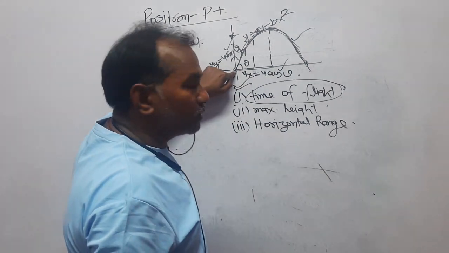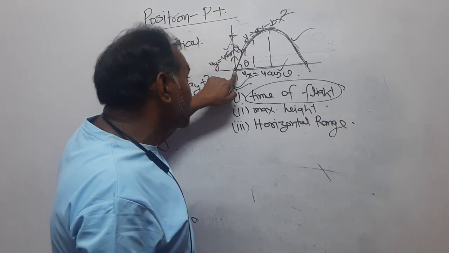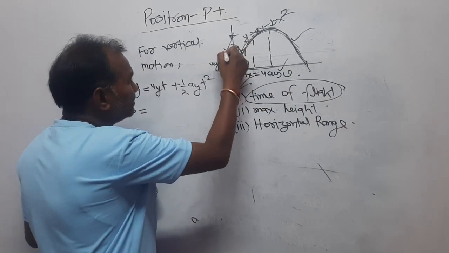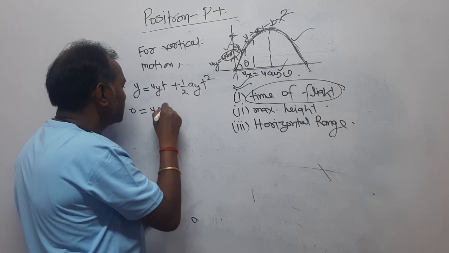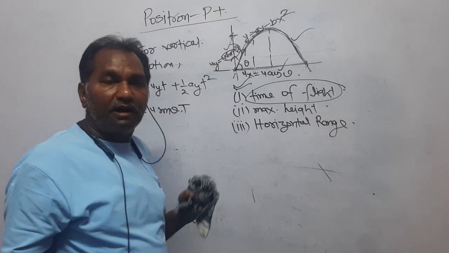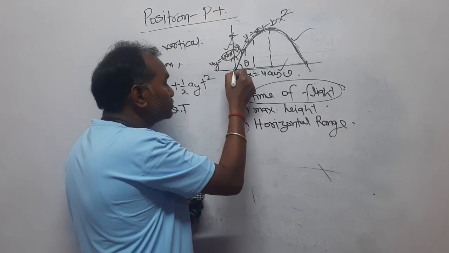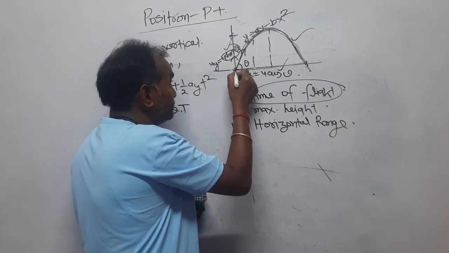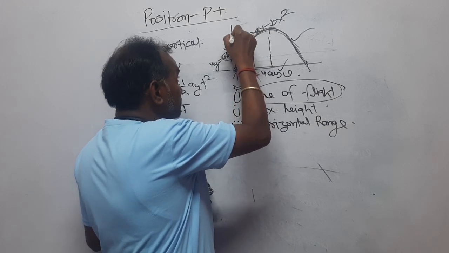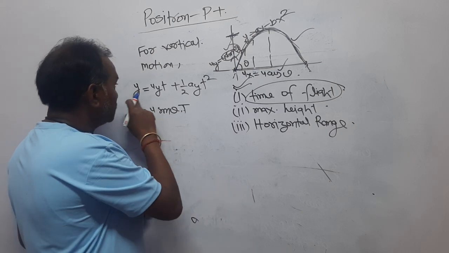The body begins its motion from here, goes to maximum height and then returns back to here, so displacement is 0. uy is the initial vertical velocity, u sine theta. And let capital T be the time of flight. In capital T time, the body begins its motion from here, comes to this maximum height and returns back to here. So it is 0.